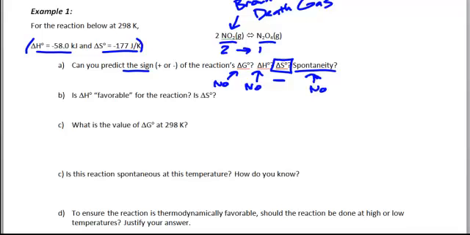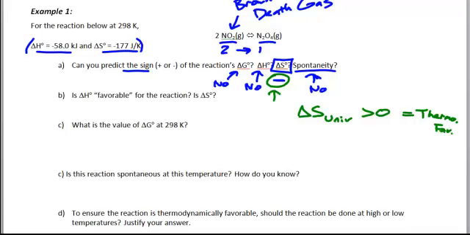You might be wondering, wait a second, I thought we said that if the entropy change was negative, then the reaction was not spontaneous. Well, not exactly. You see, that was the entropy change of the universe. That must be positive in order for it to be spontaneous or thermodynamically favorable.